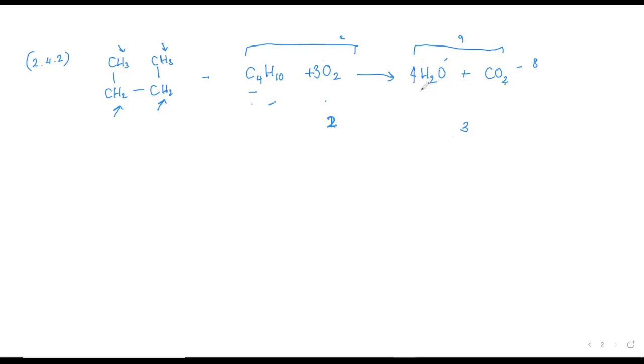So now our oxygens are balanced, but our hydrogens are not balanced. So we can multiply this 2 by 4 by 2. So we have 4 here. And instead of having 3 oxygens here, we try to have 6 oxygens. Okay, that's a plus.